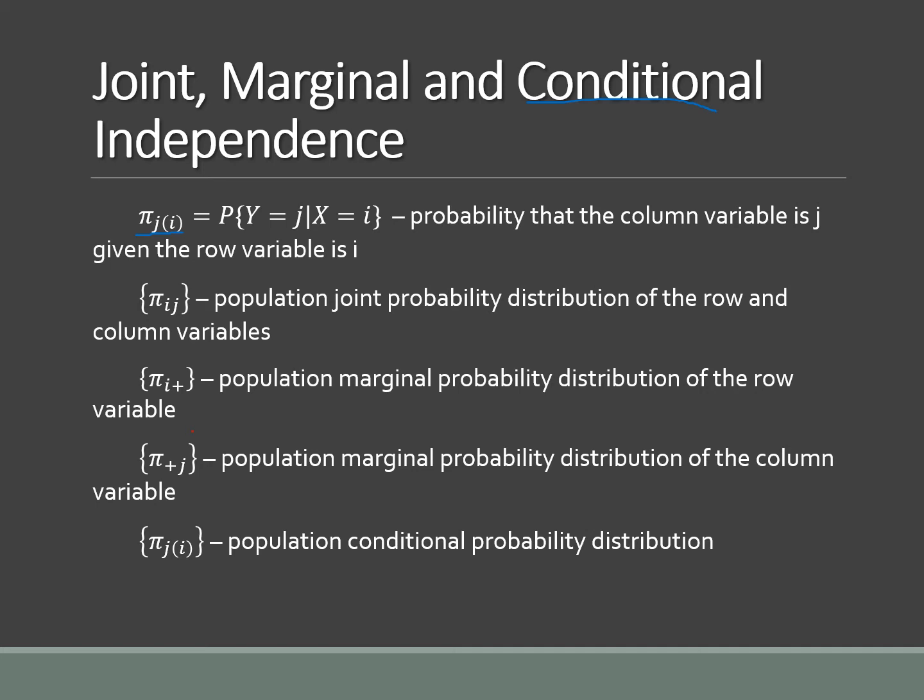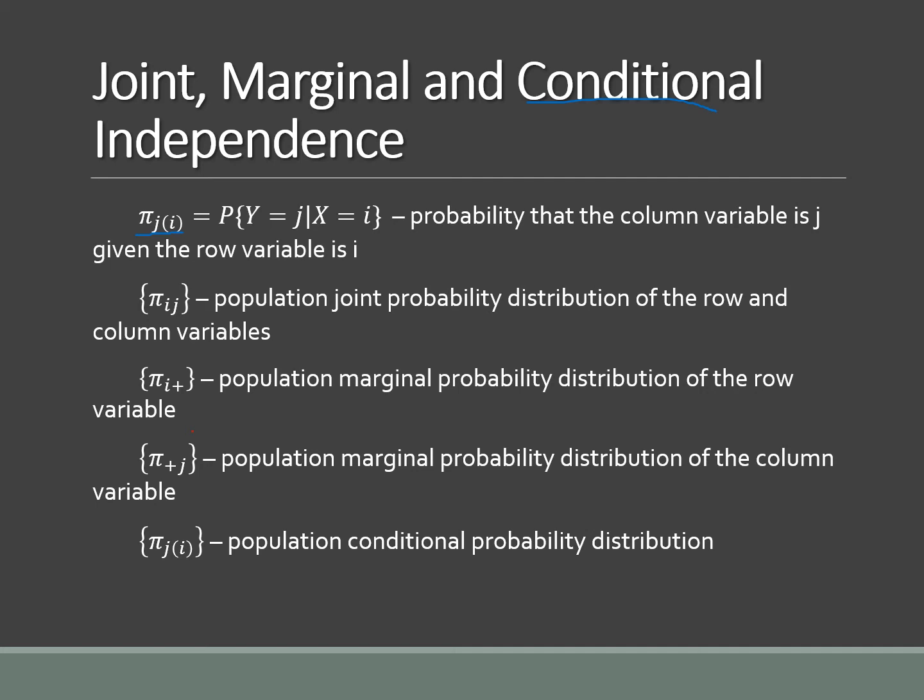So this is the probability that y is equal to j given that x is already at i. Or this is the conditional probability that y is equal to j given x is equal to i. So you want to determine the probability that y would take the value of j, knowing already that the realized value of x is i.